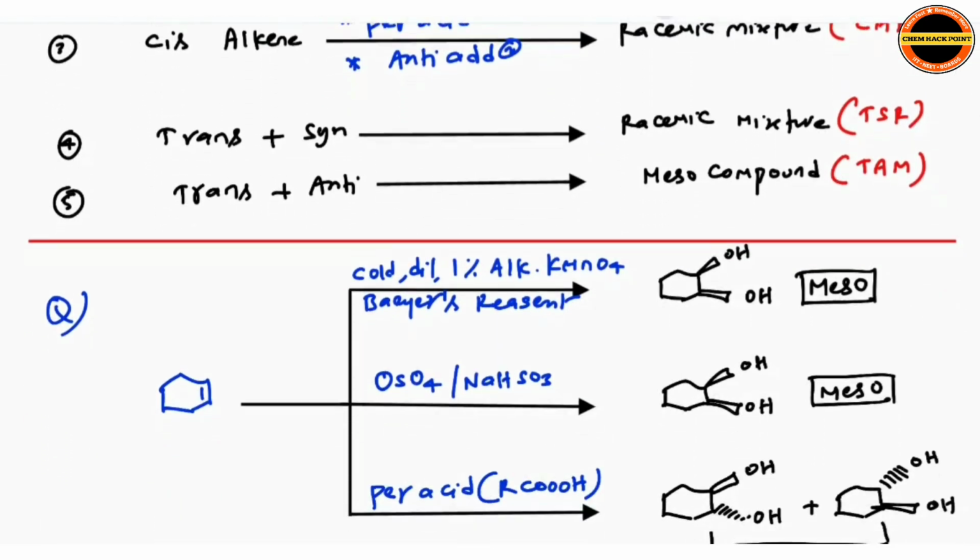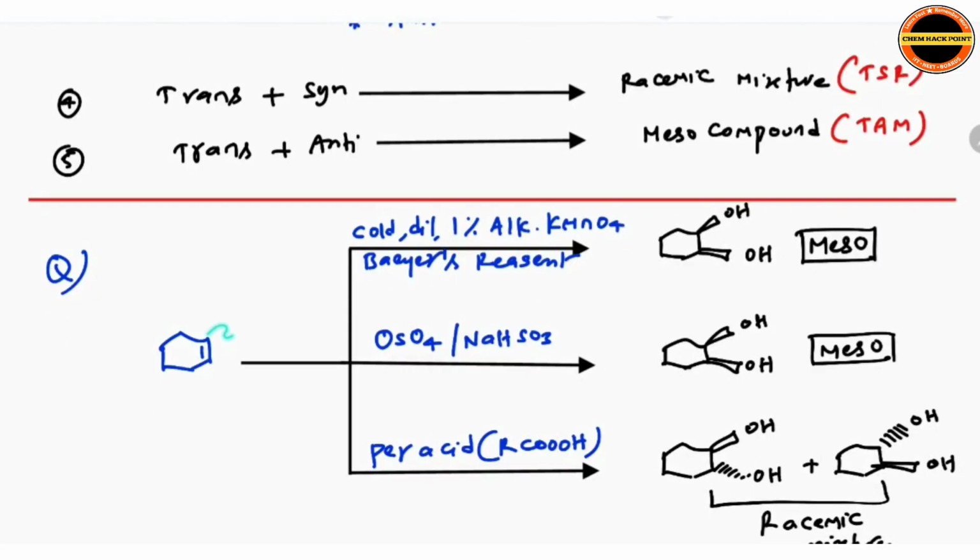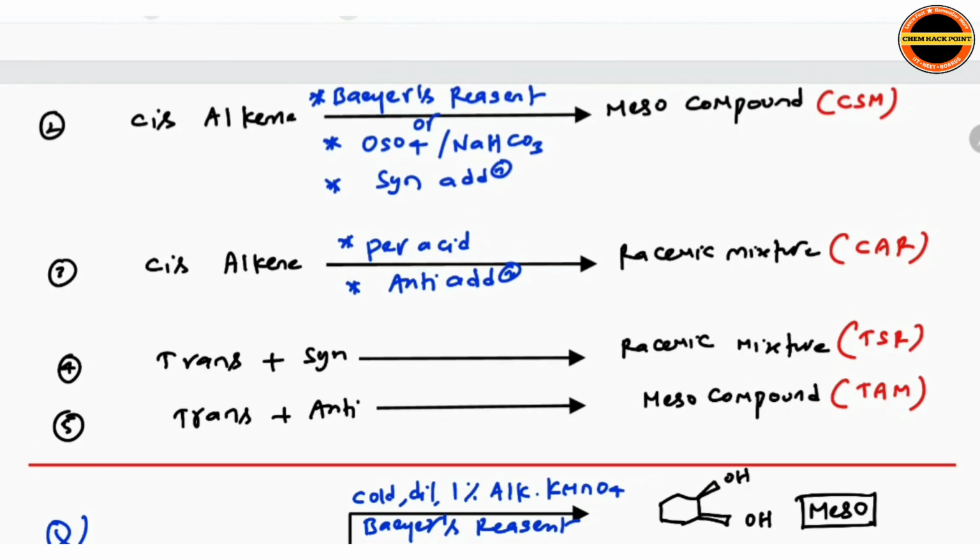Okay. Now, see one question here. There is a cis-alkene. How to identify it is cis? Here we know it is a double bond, it is like this. It is cis. Groups are on the same side. Right. So if it is cis-alkene, syn addition. Here see, Bayer's reagent gives syn addition. So if it is cis-alkene, syn addition, then it gives meso compound. That's what we wrote here, see, meso compound.